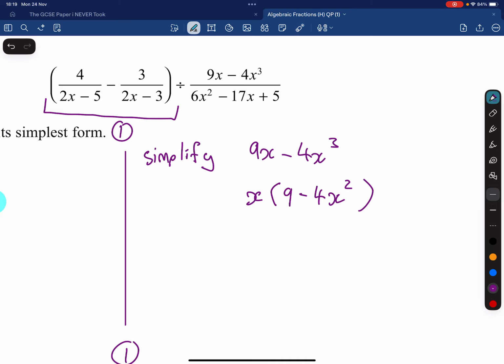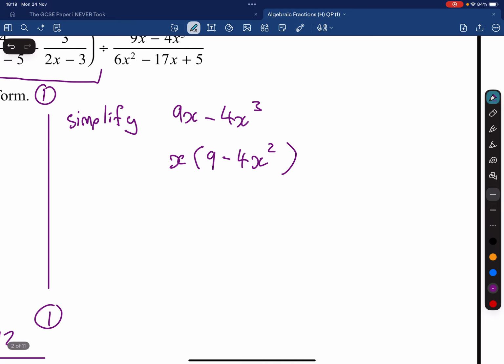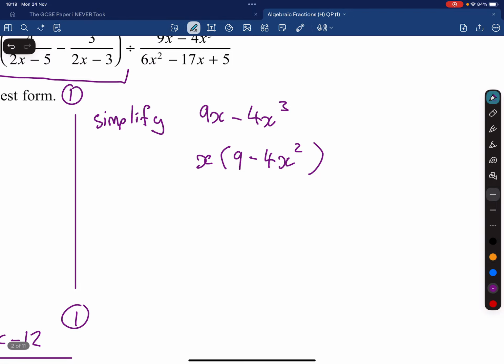This bit here looks similar to the last question, doesn't it? That's the difference of two squares. So that would be x. This would be 3. Well, this is actually pretty gnarly. It would be minus 2x plus 3, minus 2x minus 3.